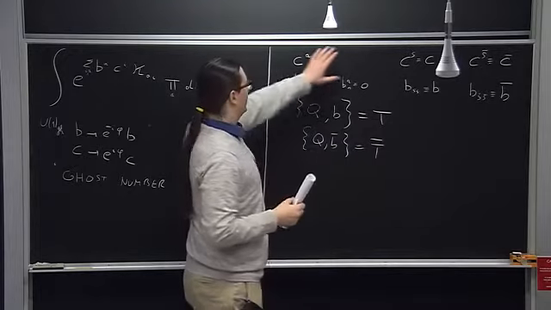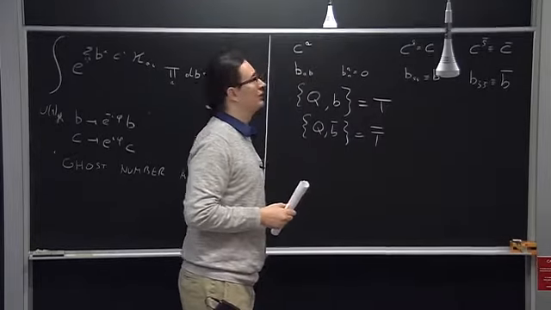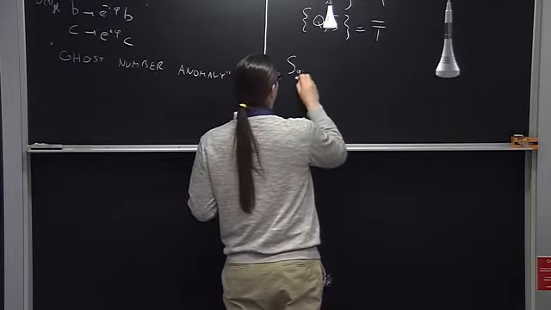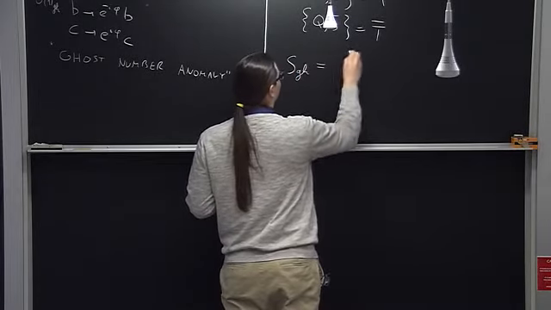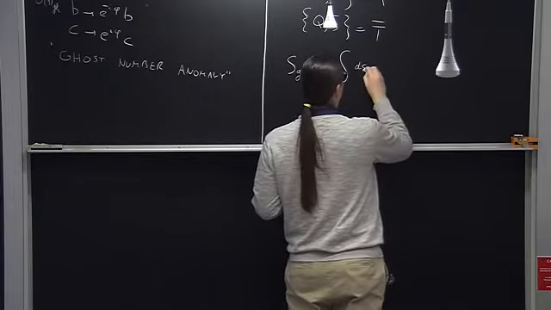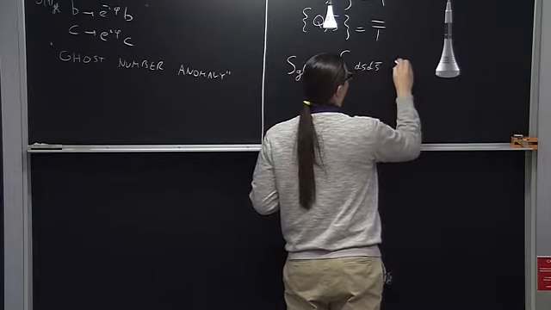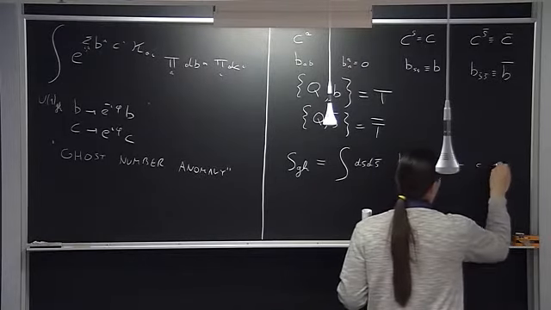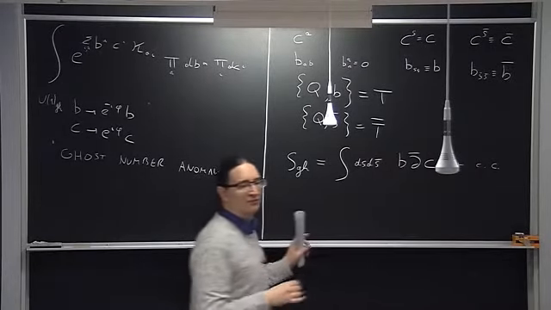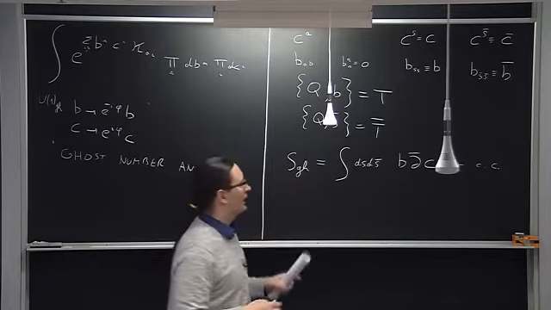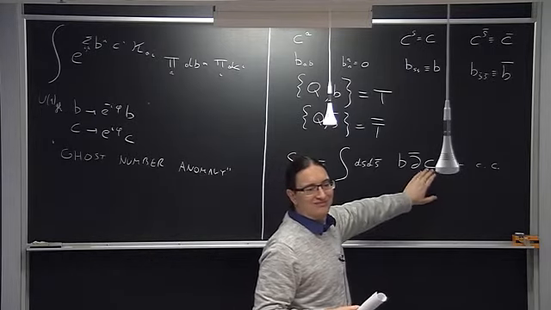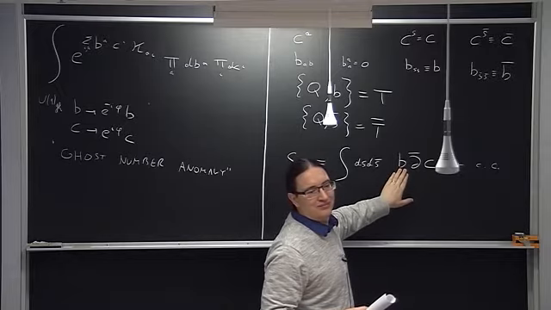Another reason for which this is a convenient notation is that the action for the ghosts in flat metric is just B del bar C plus conjugate. In particular, the classical equations of motion tell you that C is holomorphic and B is holomorphic.